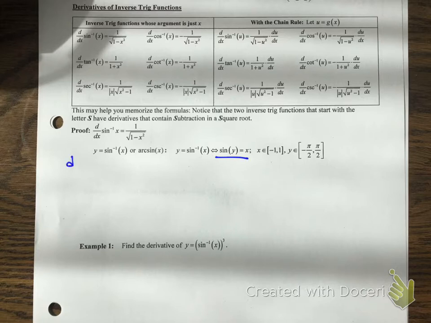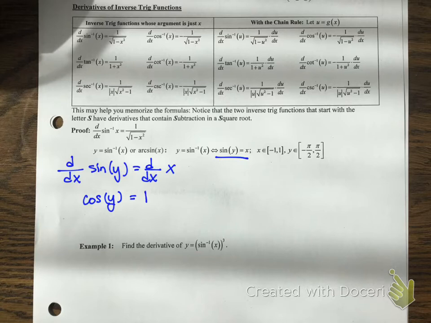So if we take the derivative of this side, we have d dx of sine y, and we're taking the derivative of the other side, d dx of x. What happens when we do that? Well, the derivative of sine y is cosine y, and the derivative of x is 1.